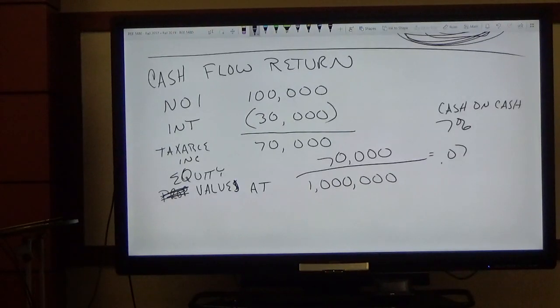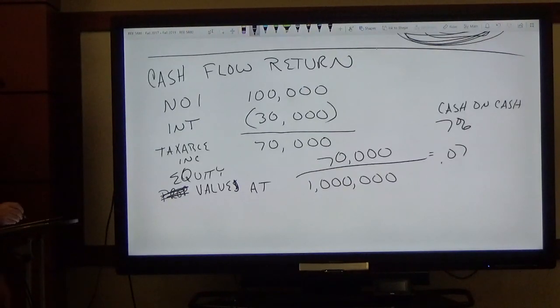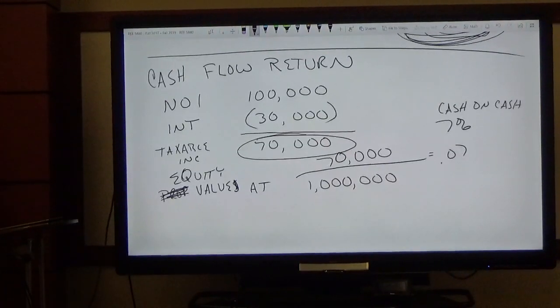So we're getting $70,000. I understand cash on cash. The first cash is like taxable income. Well, basically, we're saying, 100,000 net operating, this is the dollar amount that we are receiving, in essence, after we have paid off the interest off of the debt.